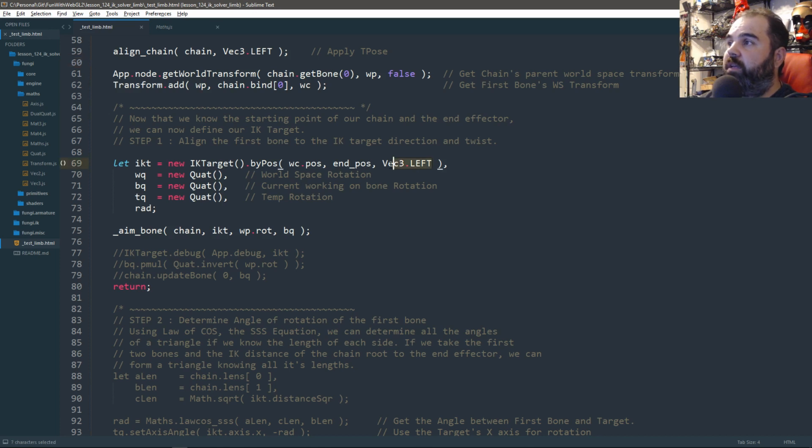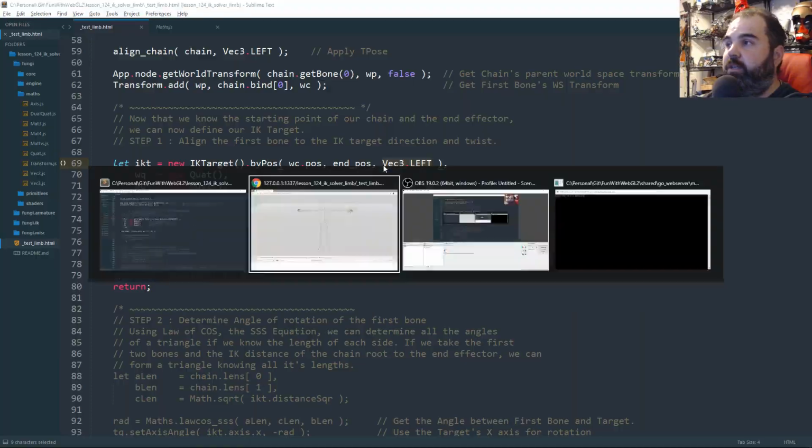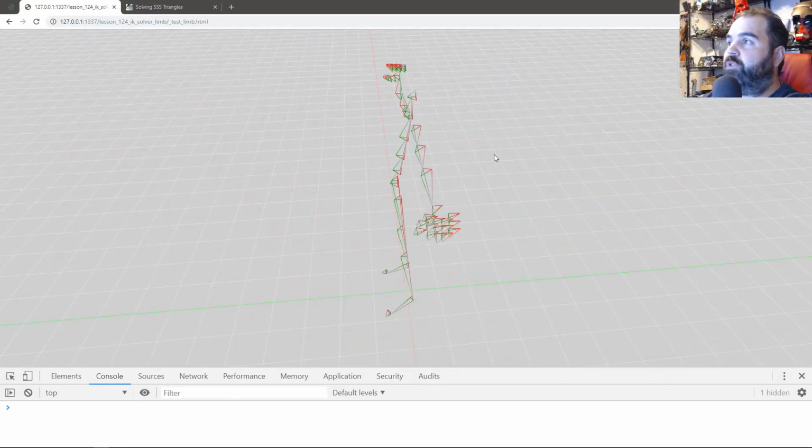And if you remember, with the aim IK solver we have to define an up direction. So our forward direction is going to be from the shoulder to the end effector, and then we define an up direction. And that up direction is going to be where the elbow points. So ideally, I want the elbow to point this way, kind of like where the red dot is. That's really like the left.